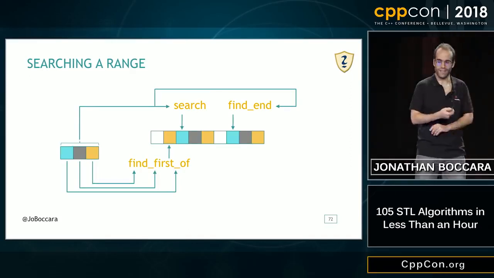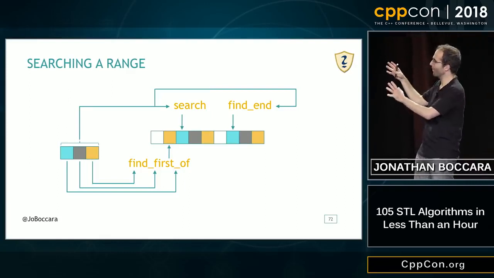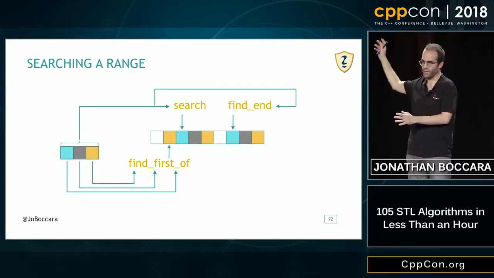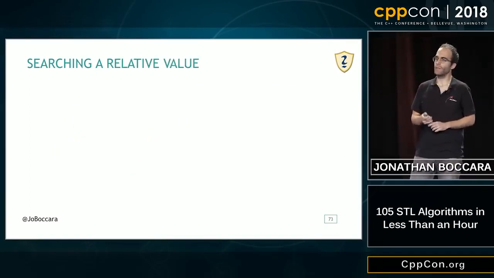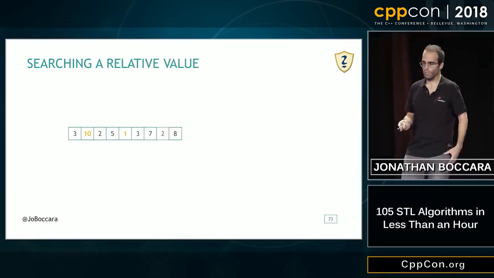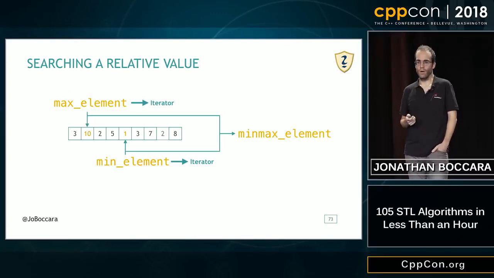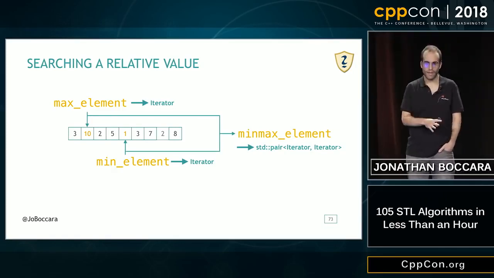And what we can search in a subrange is any of the values in the little range, finding its first occurrence in the big range, and that's find_first_of. And finally, we can search for a relative value, which is the largest one or the smallest one. That's max_element or min_element, or both. minmax_element returns a pair of iterators pointing to the min and the max element.